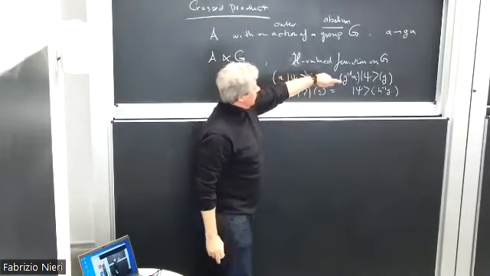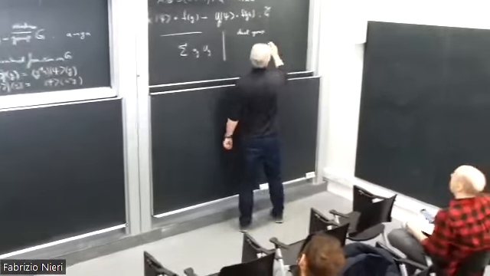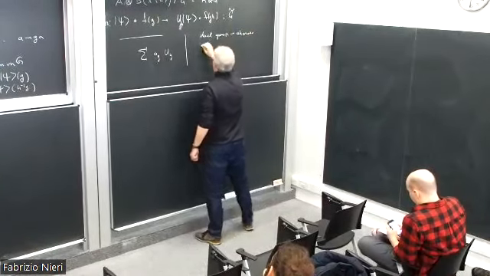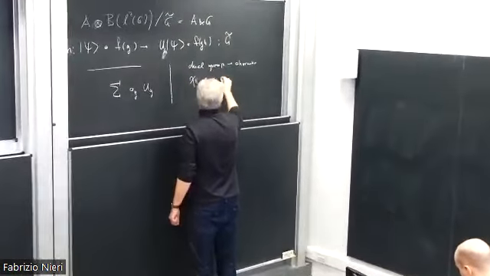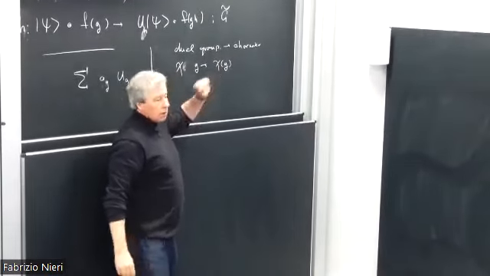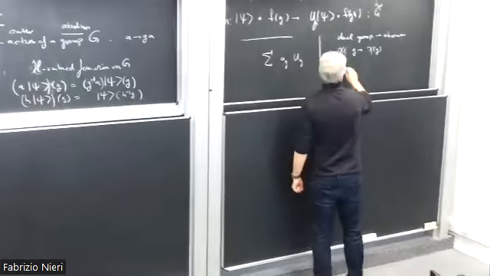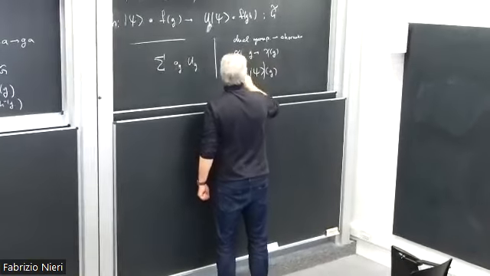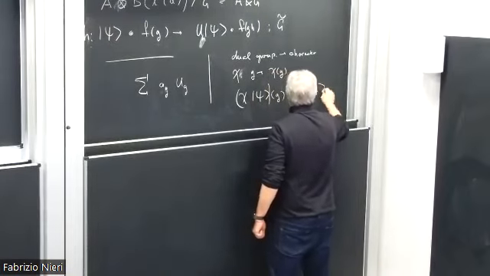So here I had a space of states that depended on G, and the dual group is associated to the space of characters. So you have a character chi on the group G. The character basically maps a group element to a number. So I can also act now with chi on psi of G, and this will be chi of psi of G.